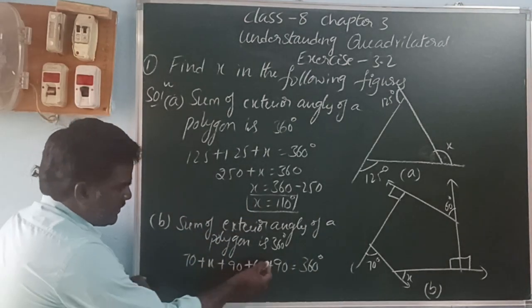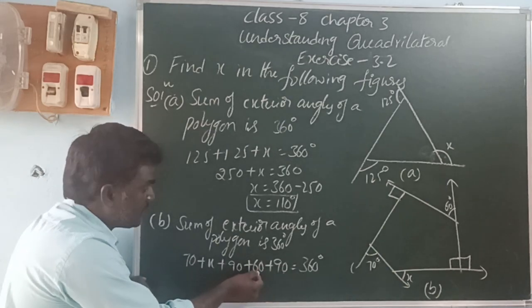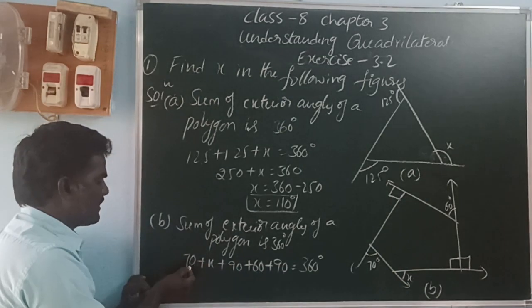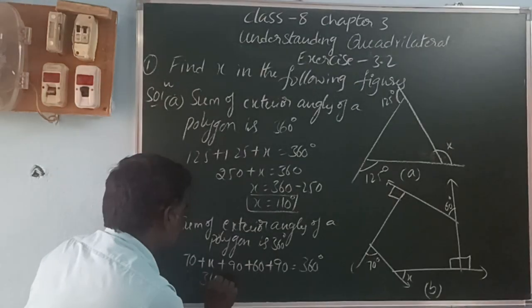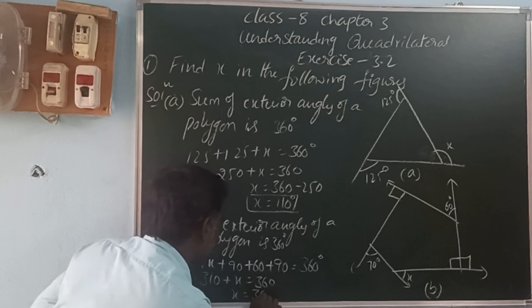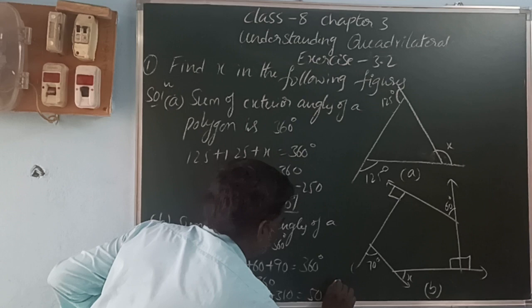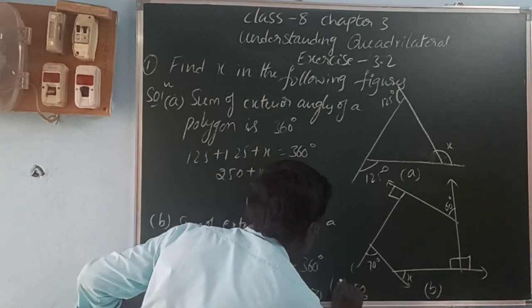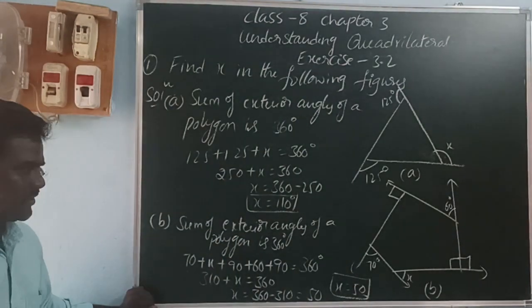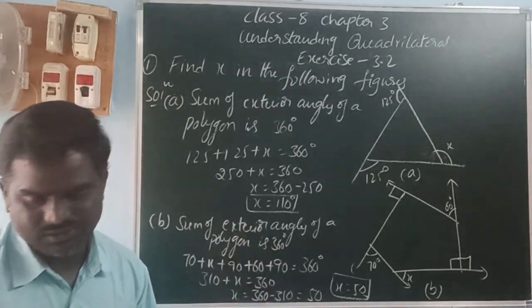Here 90 plus 90 is 180. 180 plus 60 is 240. 240 plus 70 is 310. So 310 plus x is equal to 360. So x is equal to 360 minus 310. 360 minus 310 is how much? 50. So x is 50 degrees. So what is the formula? The sum of exterior angles of a polygon is 360 degrees.